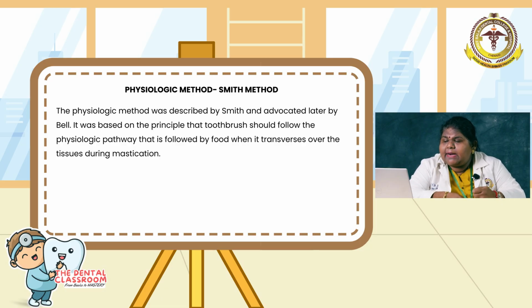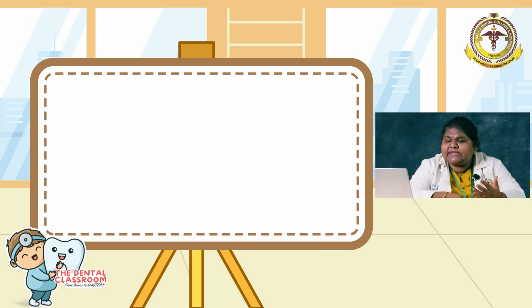So the bristles are pointed incisally or occlusally and then moved along and over the tooth surface and gingiva. The motion is gentle, sweeping from the incisal or occlusal surface over the facial surface and progressing towards and over the gingiva. So it is almost an attempt to duplicate nature's self-cleansing mechanism.